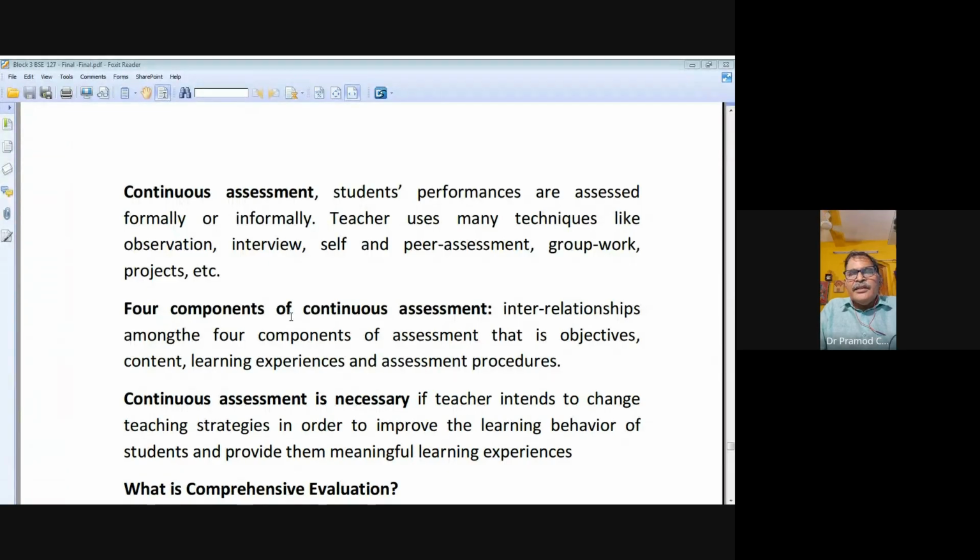We may collect the data from observation, from interview, from peer assessment and group work or project work. That means we are taking into consideration the performances of the children in the different fields and the performance of the children in the academic aspect.